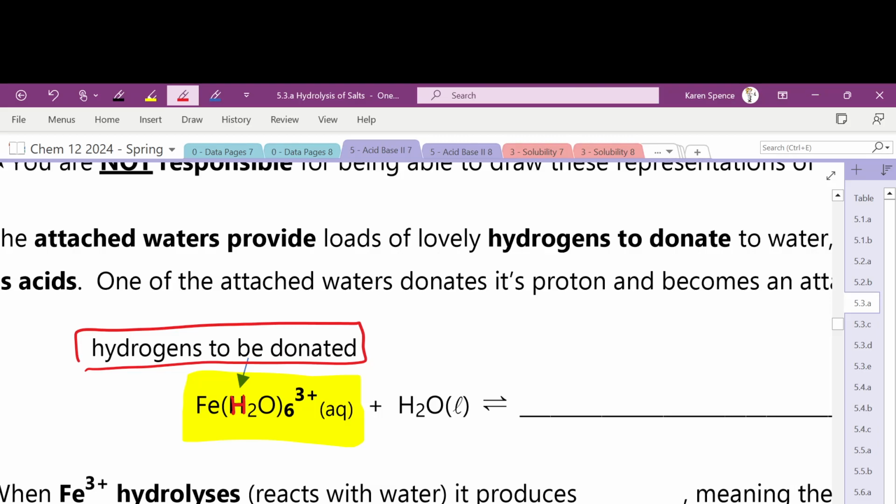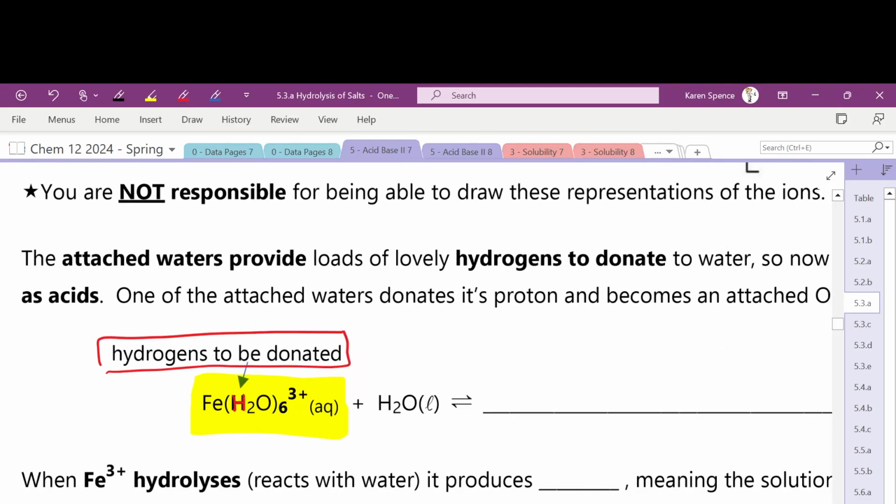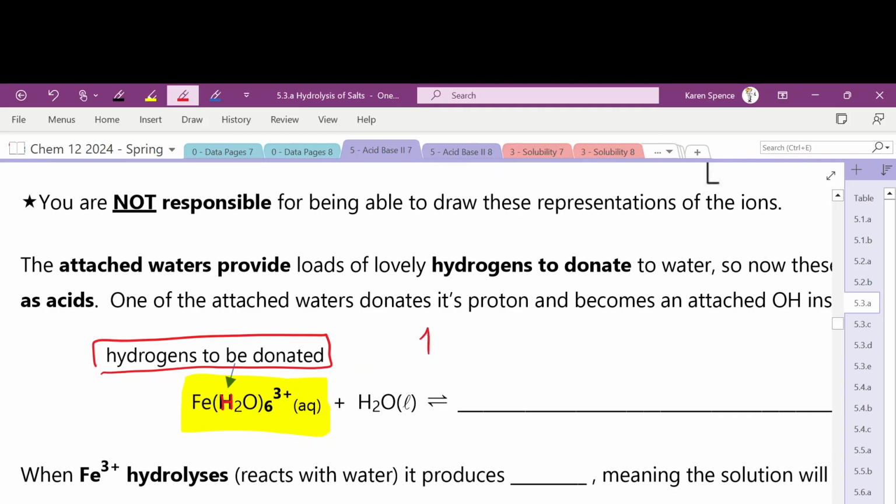So one of those waters donates one, so instead of having 6 waters, now we only have how many waters left? 5.